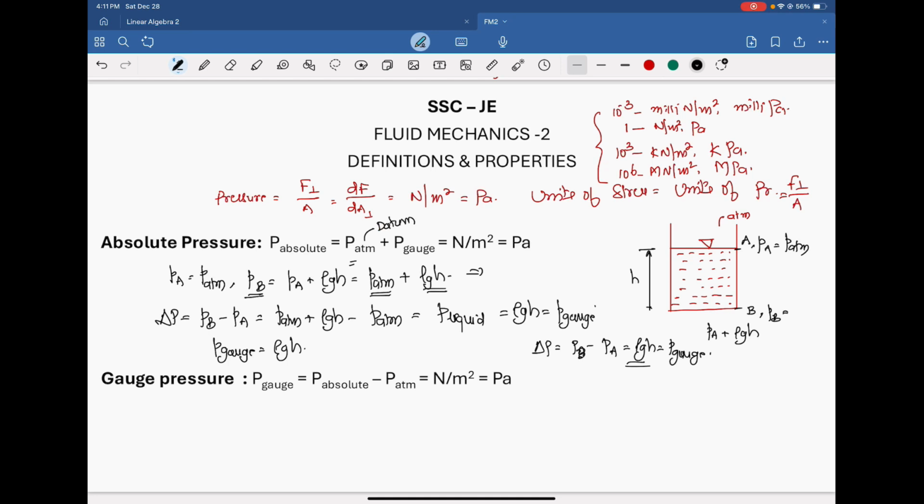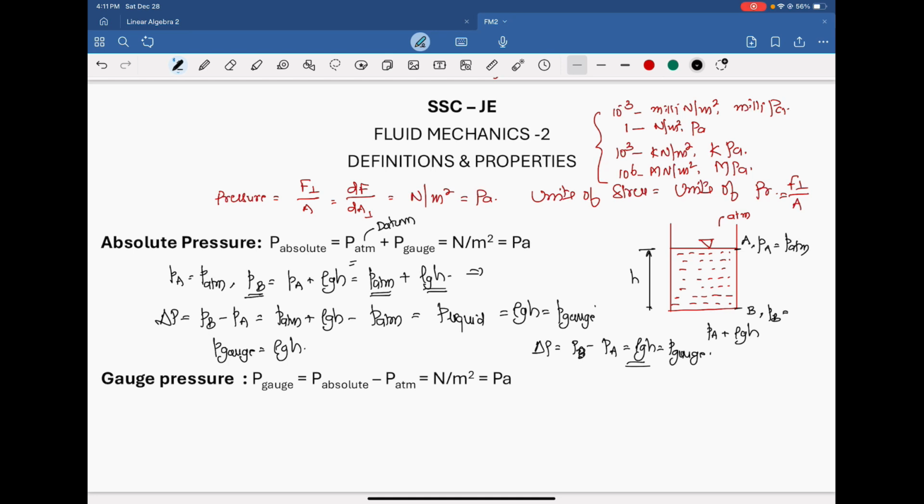P atmosphere, atmospheric pressure. The atmospheric pressure at mean sea level is 101.325 kPa, which I explained in the first lecture, and it depends upon the latitude of the place.